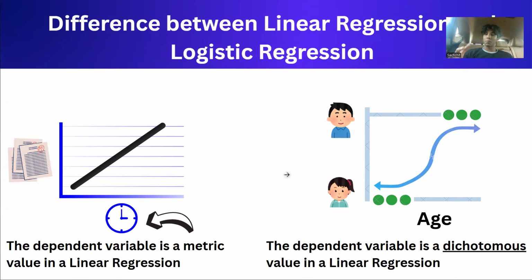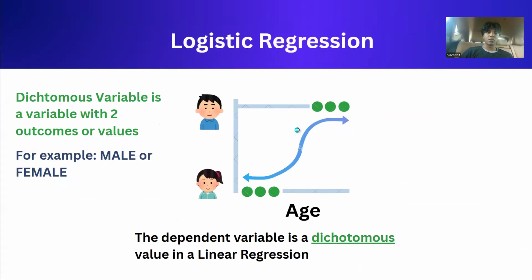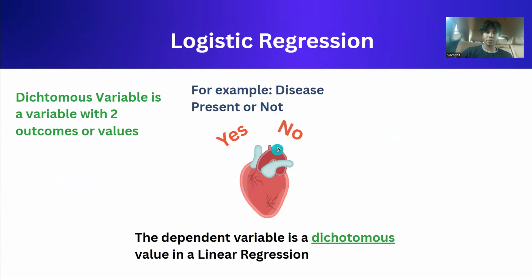But in logistic regression, the dependent variable is a dichotomous value. What does dichotomous mean? Dichotomous is a variable with 2 outcomes or values, for example male and female, and the dependent variable here is always categorical.